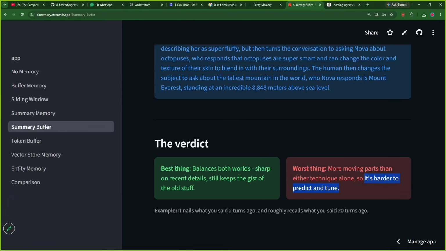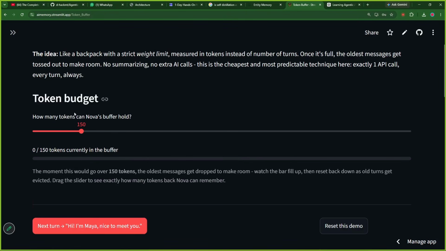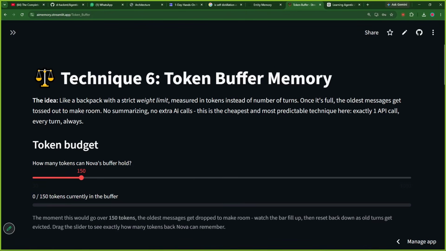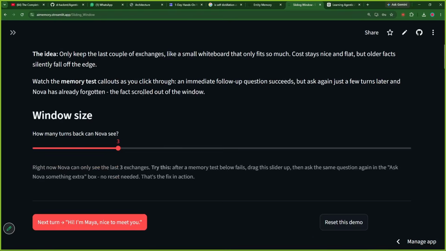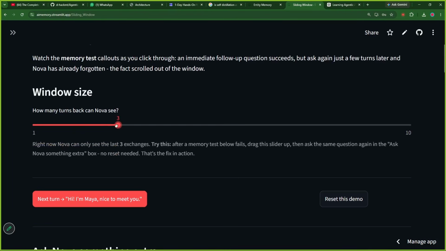Okay, and this was summary buffer memory. Okay, let us understand the simpler one, token buffer memory. This is very simple. Okay, check this out. Tokens means the number of words. In this technique, earlier we used to limit in sliding window. We were limiting with the number of turns, 2 turns, 3 turns, 4 turns, 5 turns.